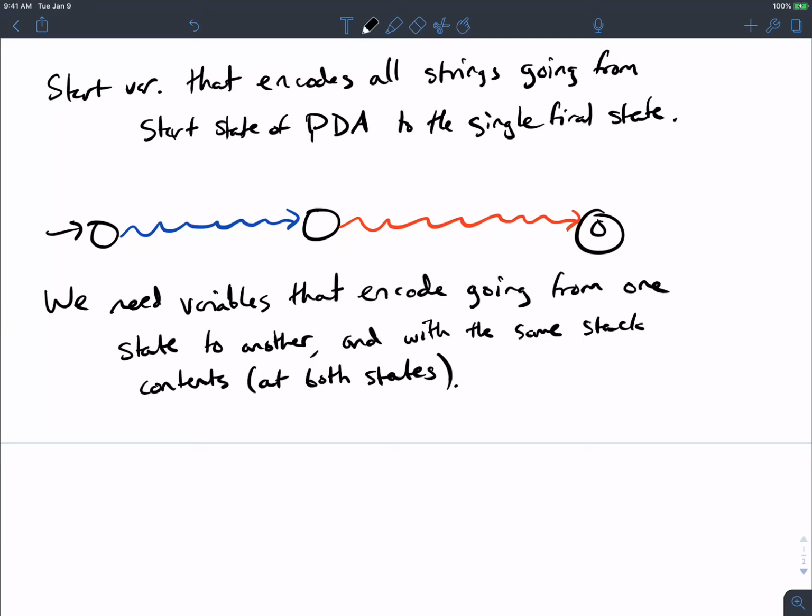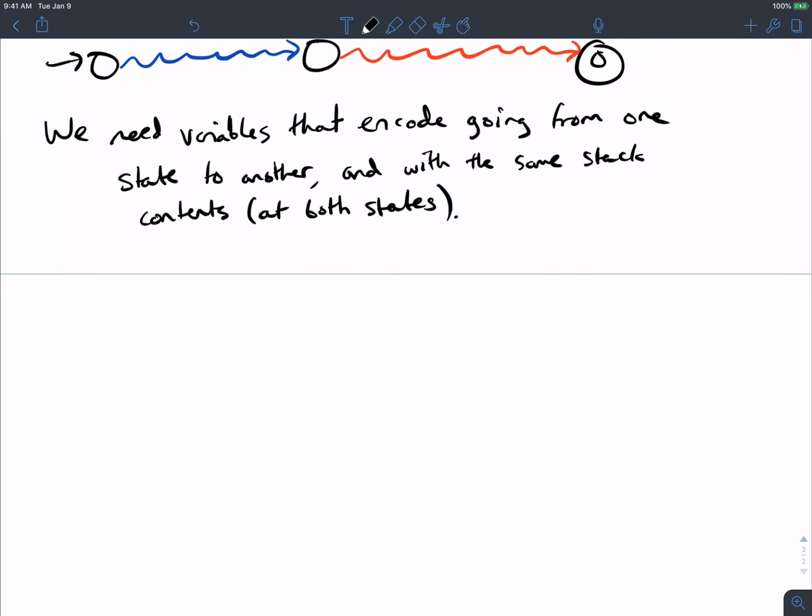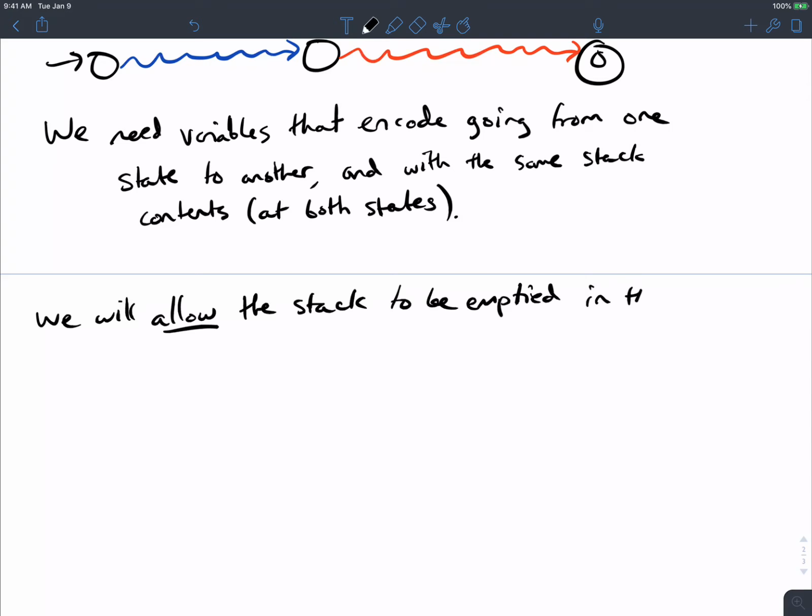But that means we don't have to execute the transition. So what we're going to do is we will allow, so not force, the stack to be emptied in the final state.